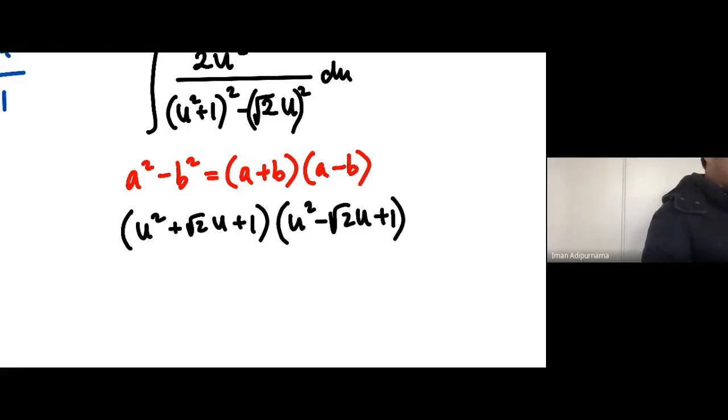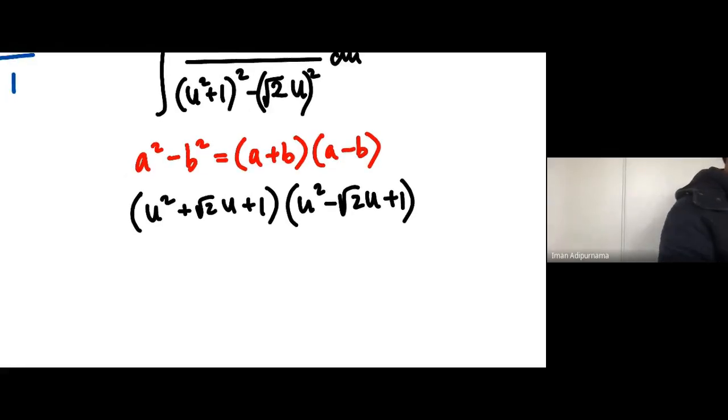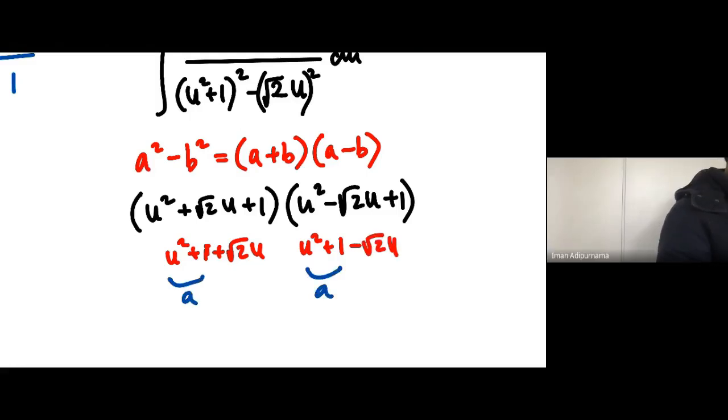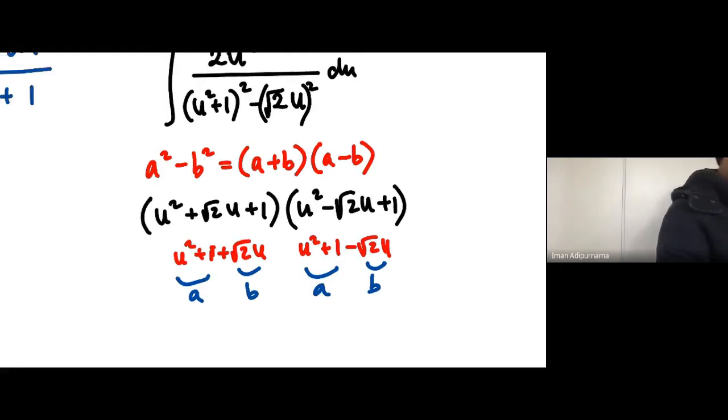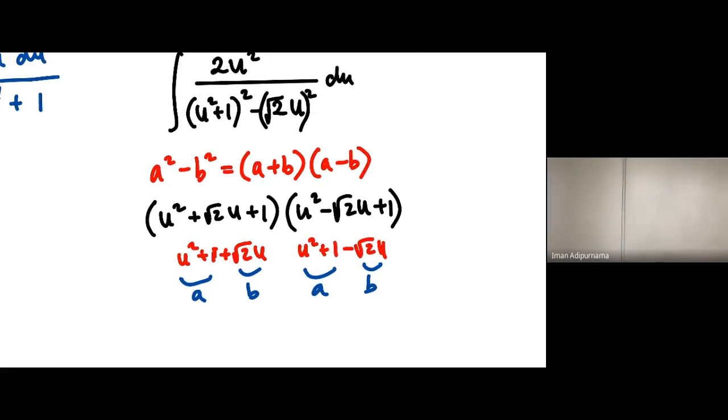Actually, if you want it more in order, you can write u squared plus 1 plus square root 2u. This is a, right? This is b. Now we have these two factors, right? And we can separate, and we can use the partial fraction.